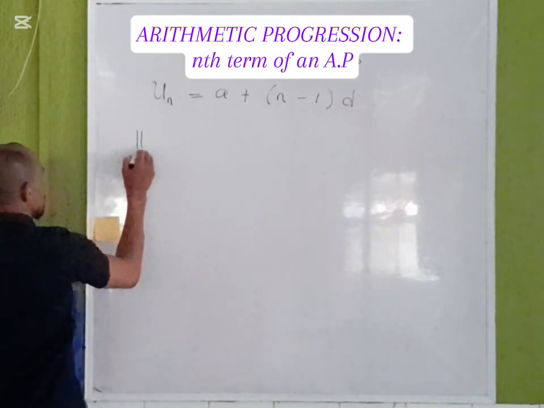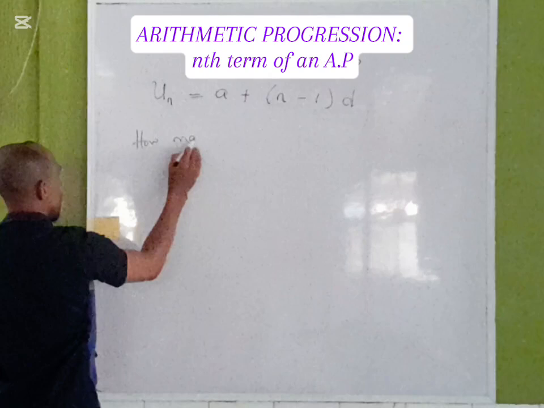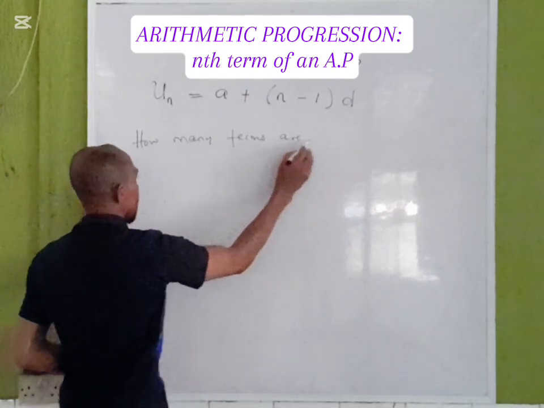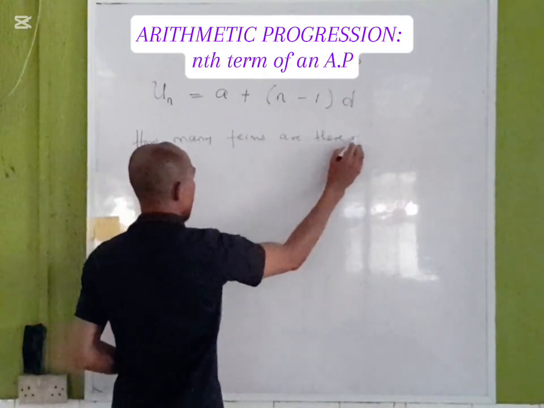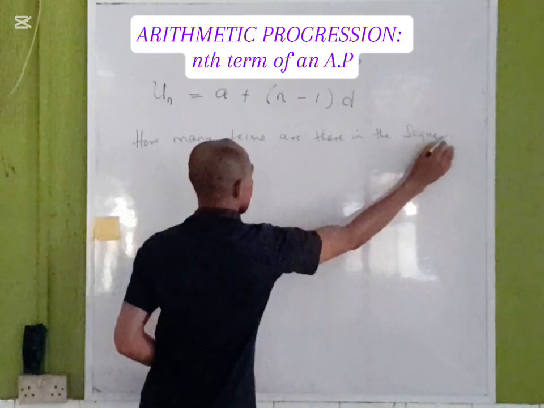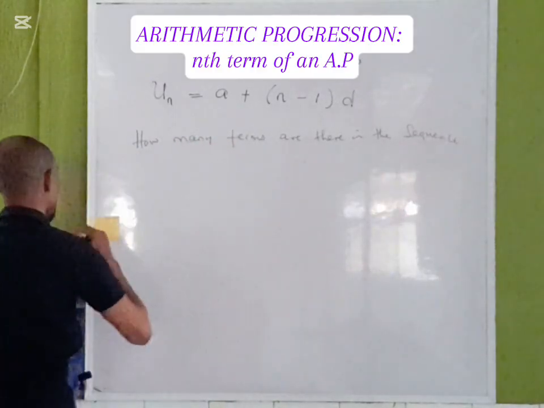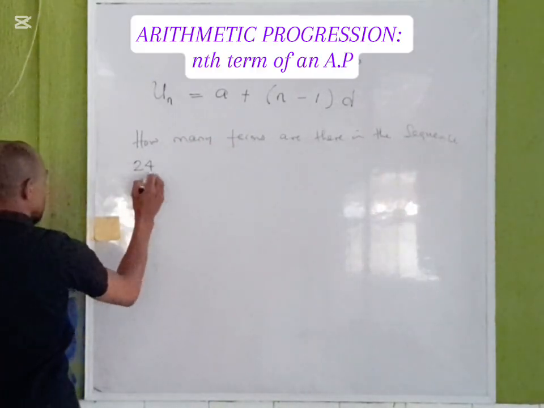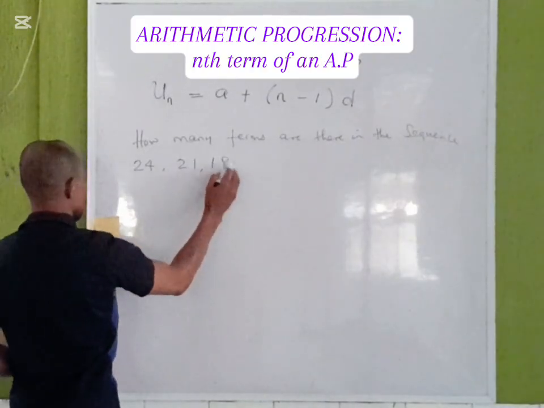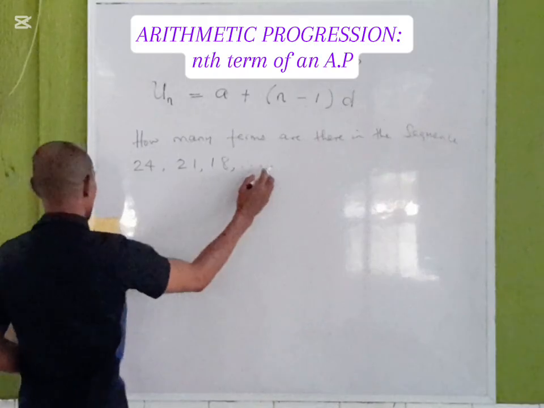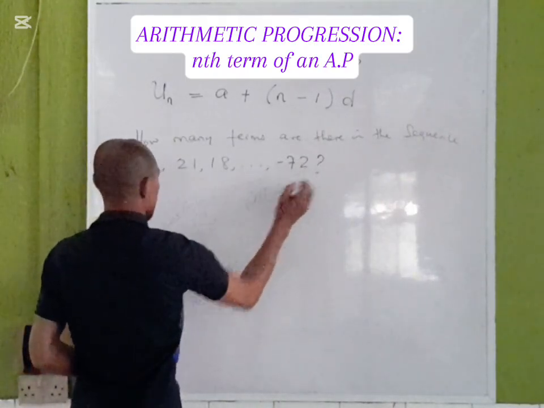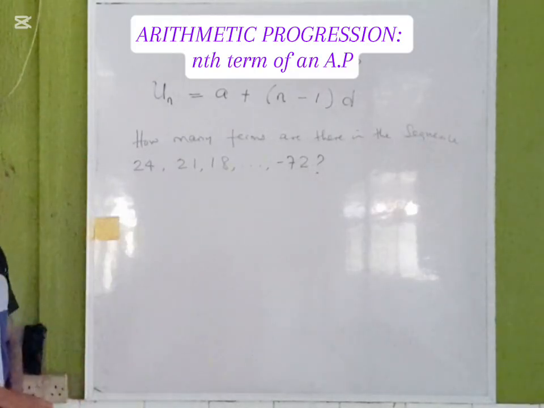Here we are required to determine how many terms are there in the sequence. Again, we are not told what sequence it is, so that's left for us to find out. 24, 21, 18, then the last one is minus 72. So how many terms are there in this?